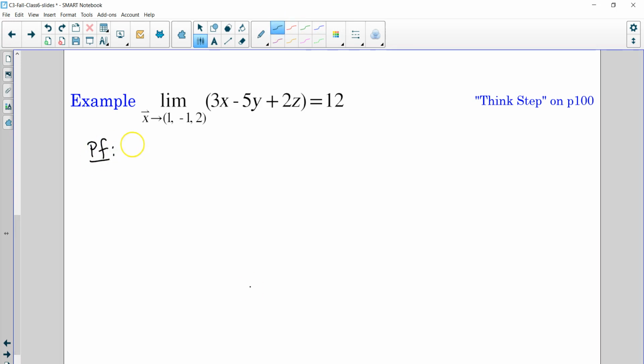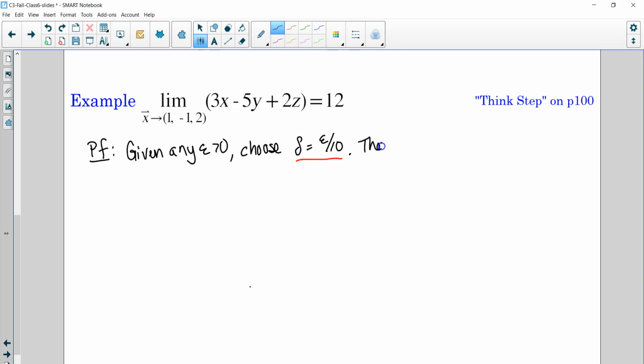Okay, but if I do the proof, what I'm going to say is, given any epsilon greater than 0, we choose delta to be epsilon over 10. And again, to figure out where I got this value, review the think step. Then we just start with our proof.